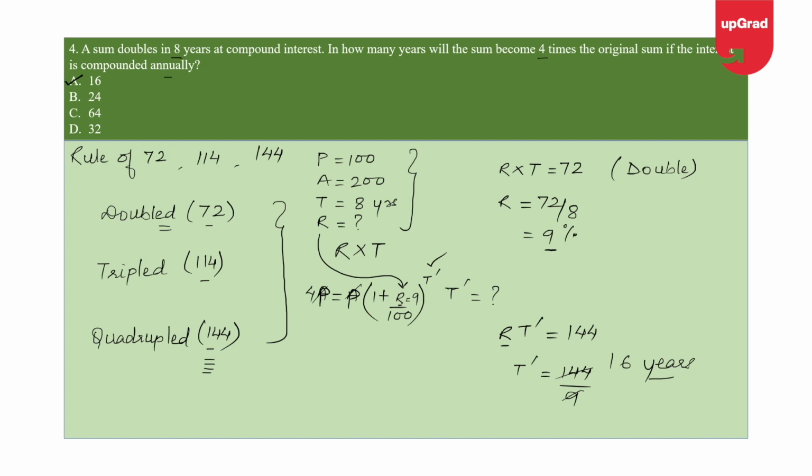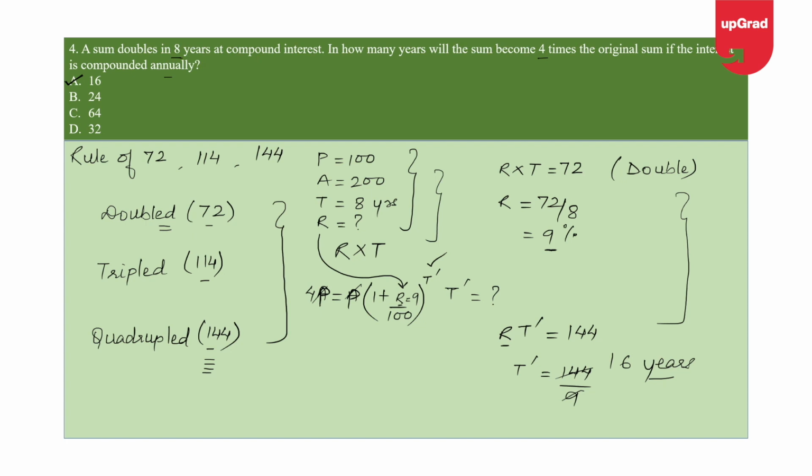You can compare the methods. This method is quite doable. This method is okay to work with, but then will take time. And I am sure that while you're appearing for a competitive exam, time is one of the most important factors that you have.